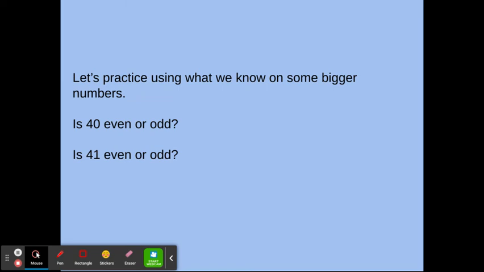And we know that 20 plus 20 is also equal to 40. Is 41 an even or an odd number? All right, 41 is an odd number because it's an even number plus 1. When you have an even plus 1, we know that that is an odd number.